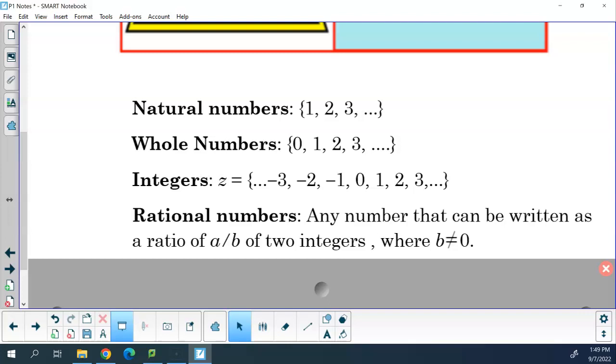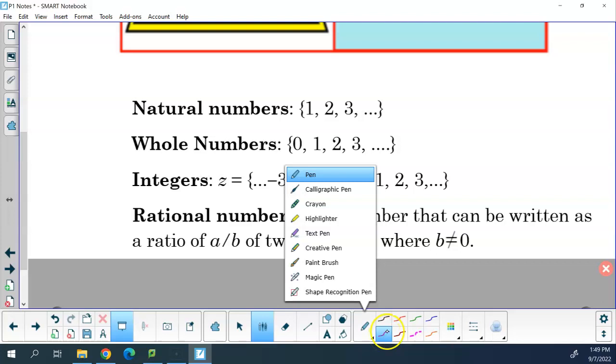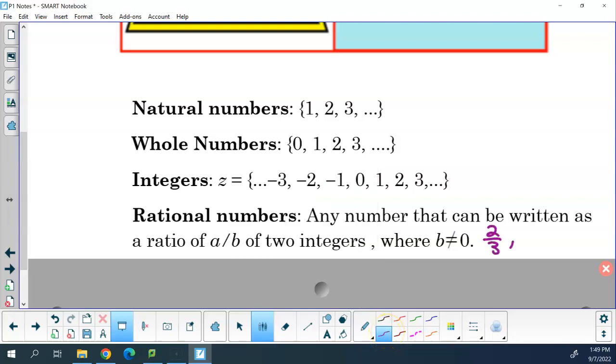Give me an example of a rational number. 2/3. Fantastic, thank you very much. There's an example of a rational number. Give me a rational number that's not a fraction, a number that can be written as a fraction. 0.5, 0.123.